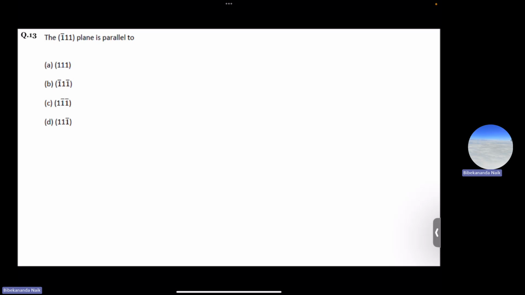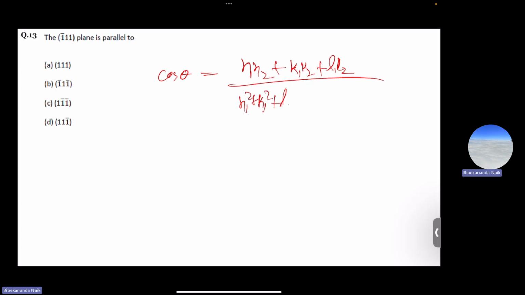So we have a formula for two planes. If there are two sets of HKL values, the angle between the two planes or the direction cosines can be given by cos theta equals h1 h2 plus k1 k2 plus l1 l2 divided by the square root of h1 square plus k1 square plus l1 square, into the square root of h2 square plus k2 square plus l2 square.